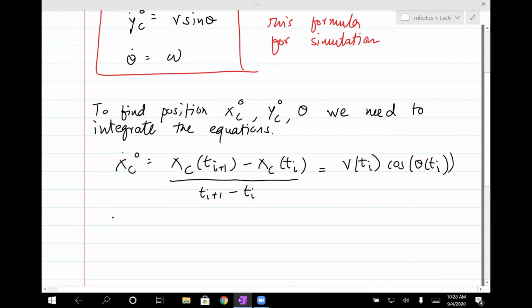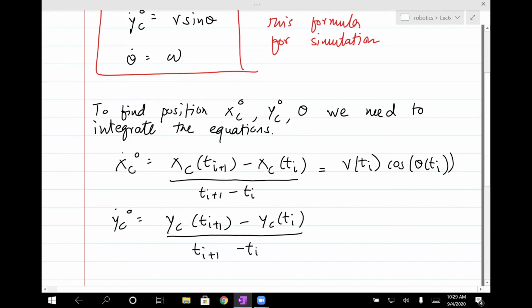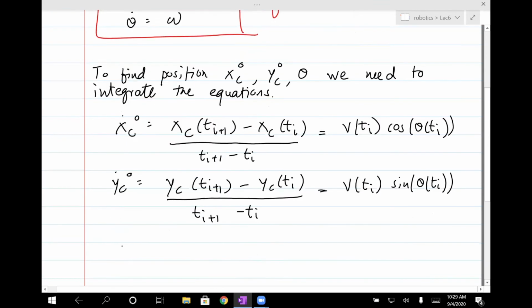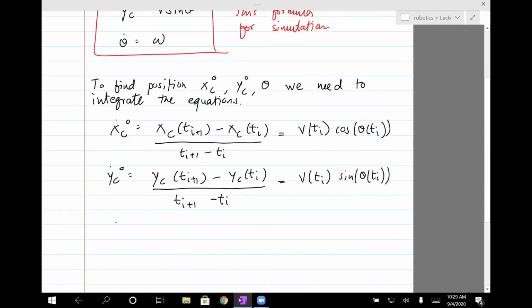I do the same thing for y dot C: v of t i sine of theta. And then for theta, theta at time i plus 1 minus theta at time i, divided by t i plus 1 minus t i, equals omega at t i.